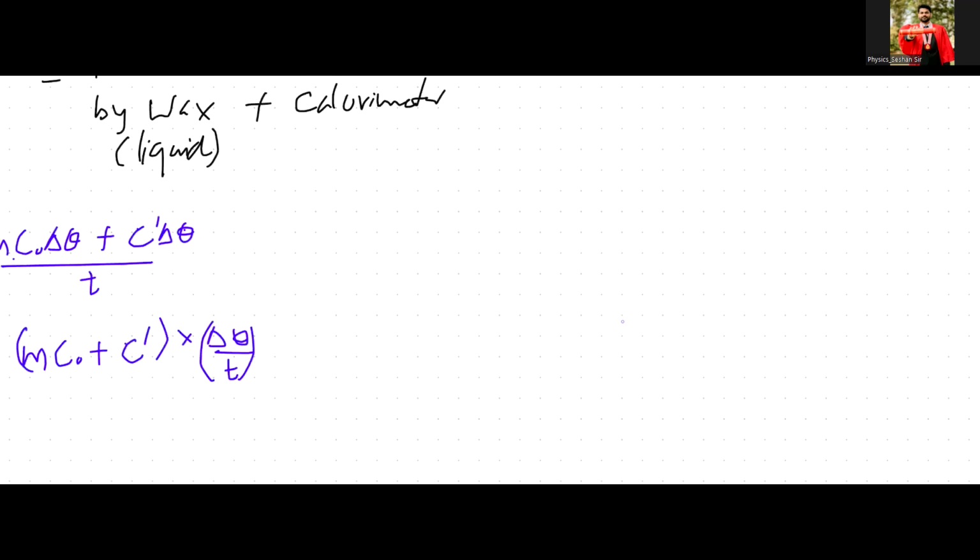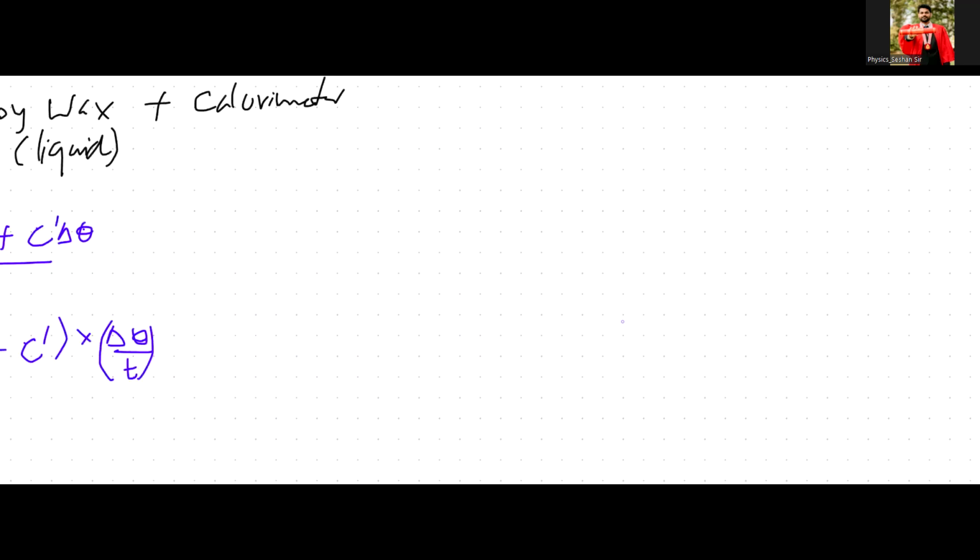So it is 4.8 Celsius per minute, which means 1 minute.